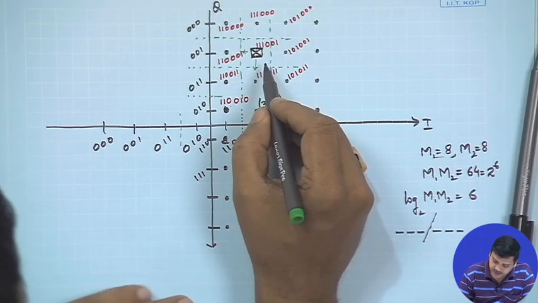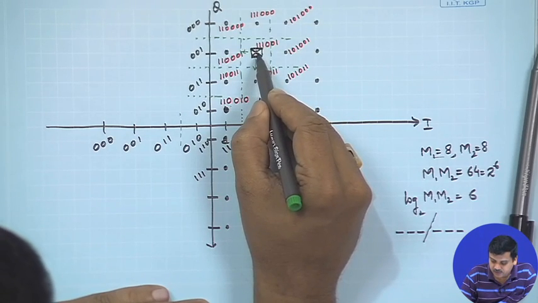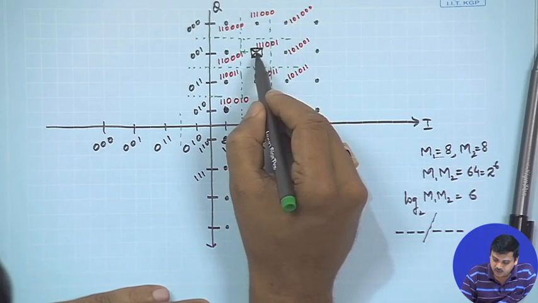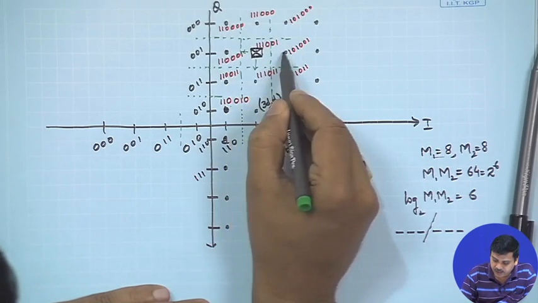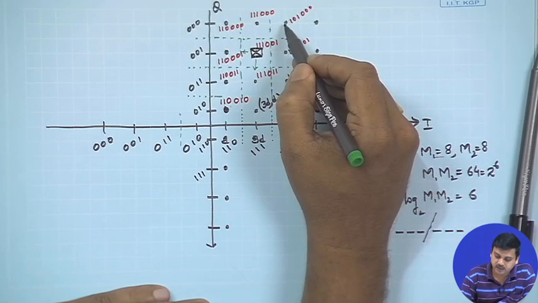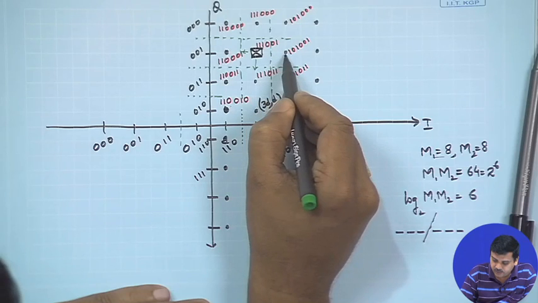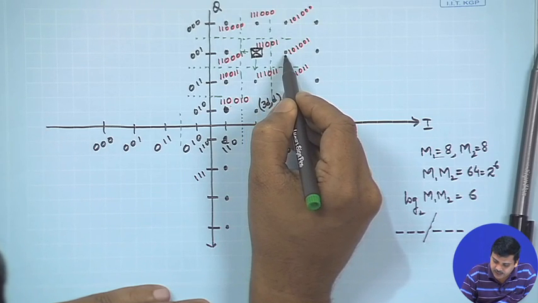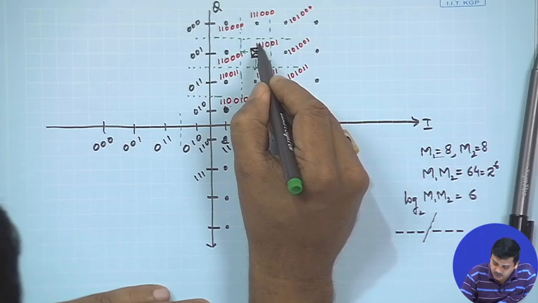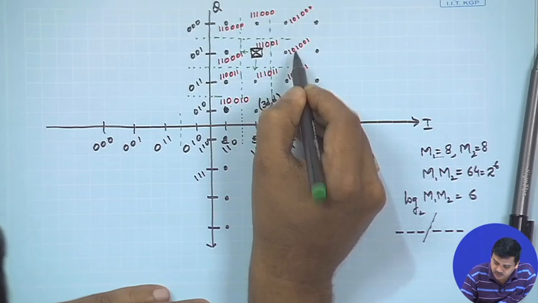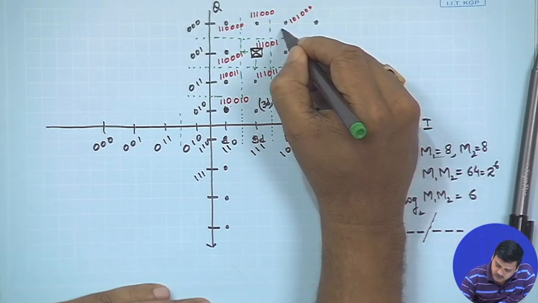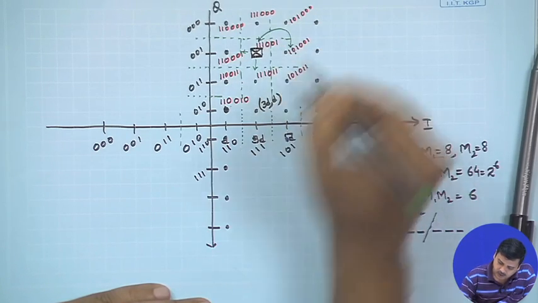Now, let us take that if because of noise the decision has been made as the neighboring symbol. So, these 4 are the nearest neighbors clearly by distance. This is not the nearest, but it is in the near neighborhood. If it moves there, we would find that these 2 locations differ by at most 1 bit, which is this central bit. This 0 is a 1 over here. This 0 is a 1 in this case.